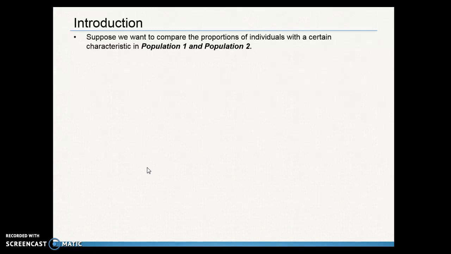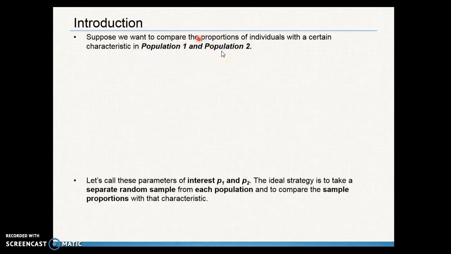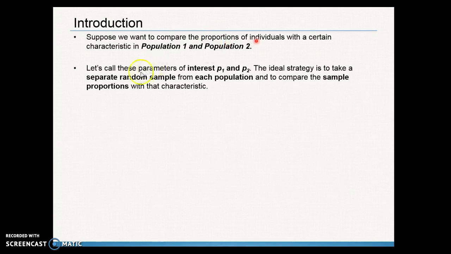All right, so let's just suppose that we want to compare the proportions of individuals with a certain characteristic in population 1 and population 2. What I want you to notice about this is we are taking a look at two completely independent populations, population 1 and population 2. We're going to call these parameters of interest P1 and P2.